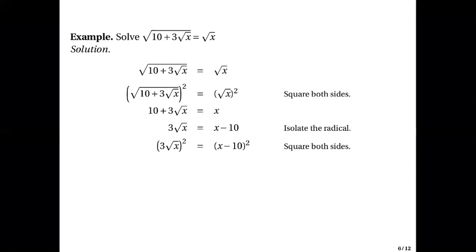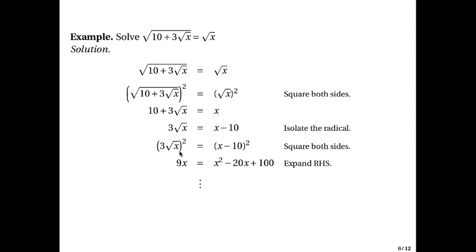And therefore, we will get 9x for this. And then in here, you have (x minus 10) squared. So x squared minus twice the product, 2 times x times 10, so minus 20x plus 10 squared, that's 100. And then we can write this in standard form.